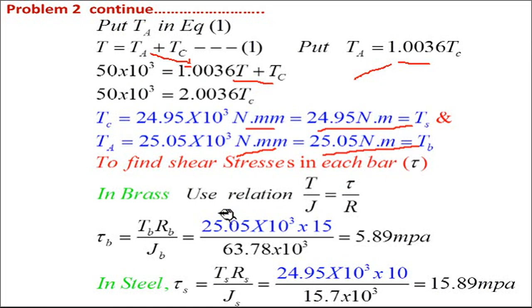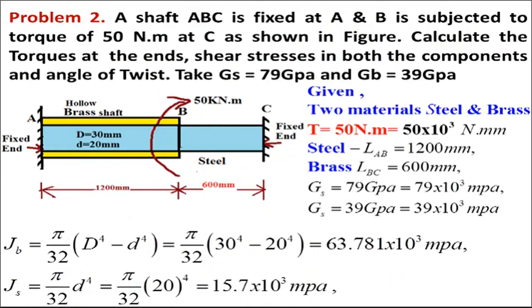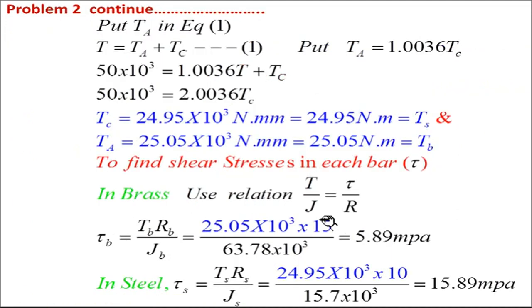Now in this problem they have asked us to calculate the shear stresses in both the components. To calculate the shear stresses, you have to use the second relation, T by J is equal to tau by R. For brass, we have to calculate tau, which means tau is equal to T into R by J, cross multiplication.